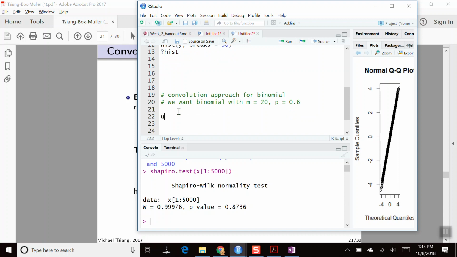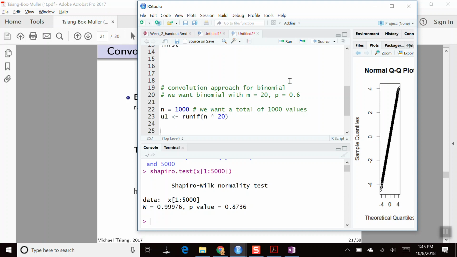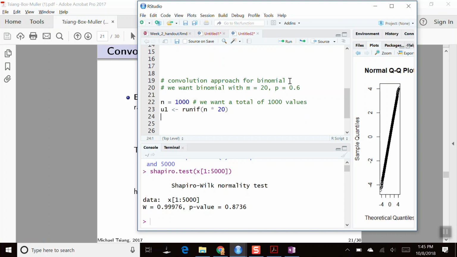So let's say we want n samples, a total of 1,000 values. We'll have to do our unif, n times 20, because we're going to need 20 uniform values for each value we want.